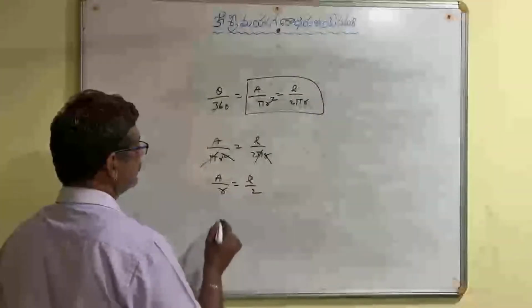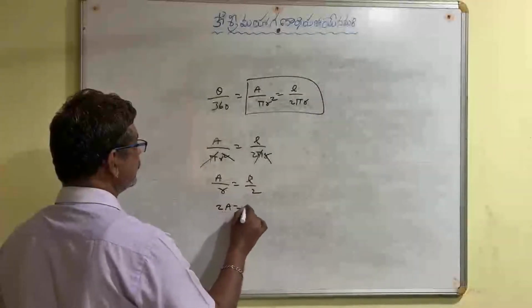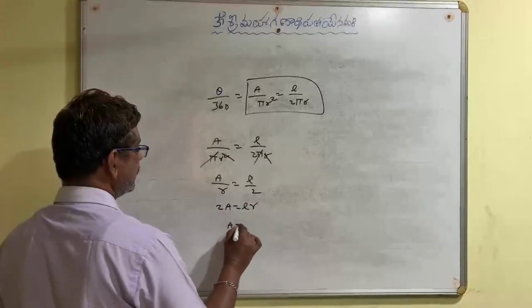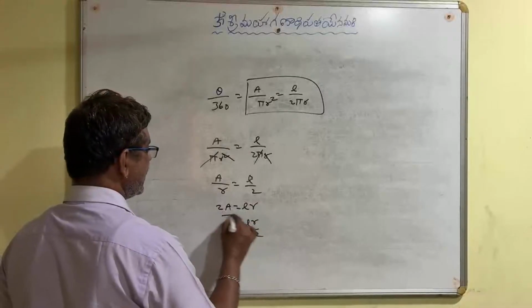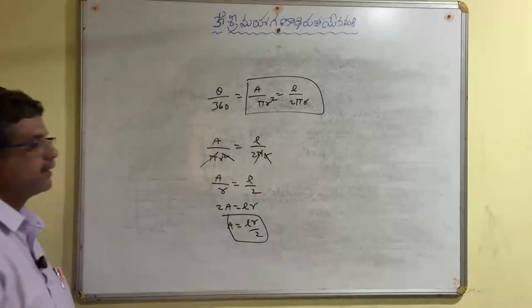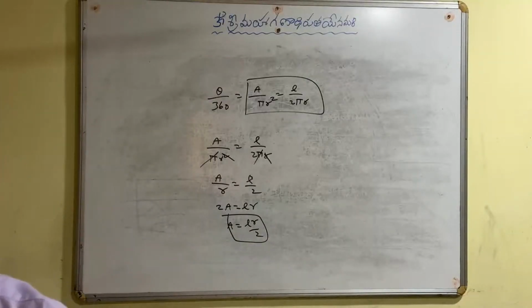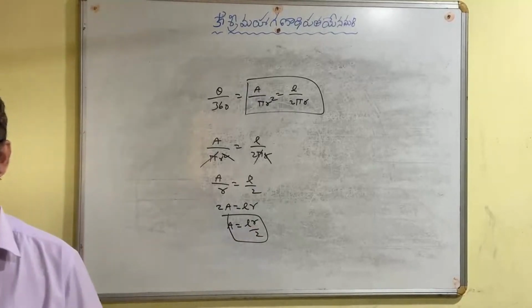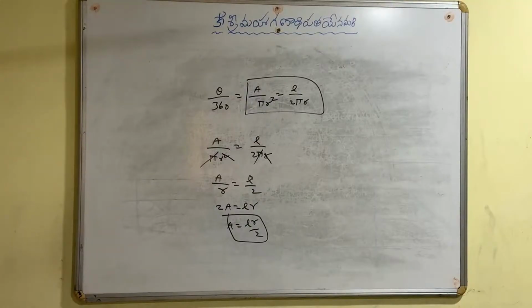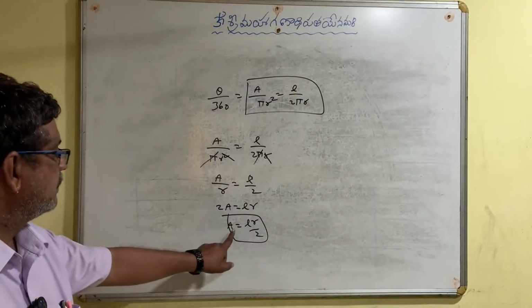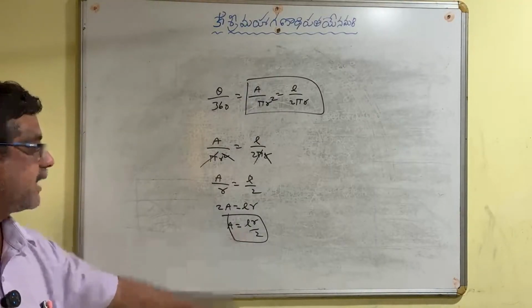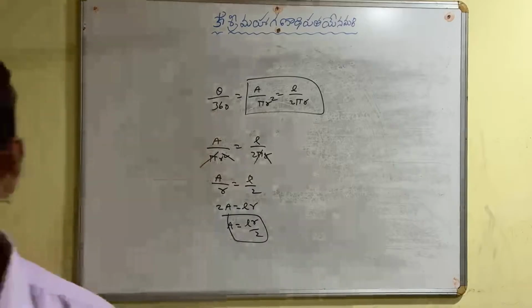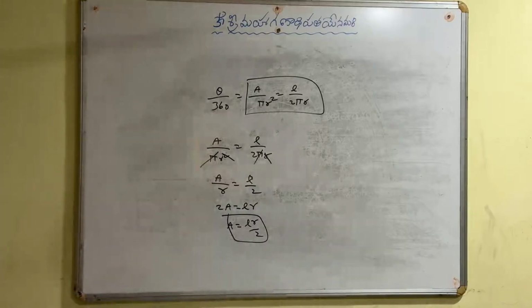Cross multiply: 2A is equal to LR, so A is equal to LR by 2. When we know the length of the arc and radius of the sector, we can find the area of sector directly with the formula. Area of sector is LR by 2.